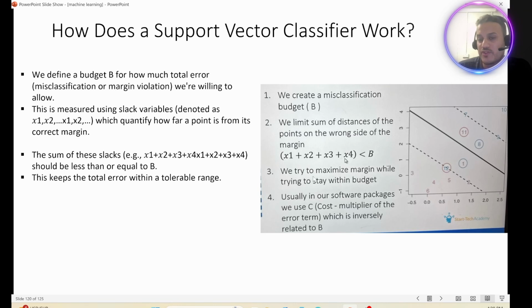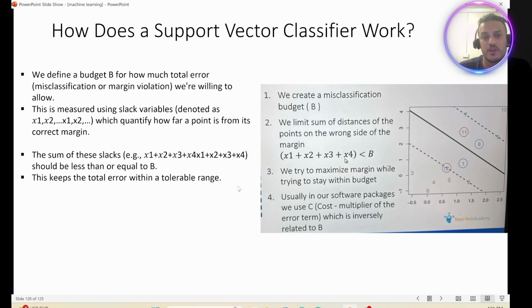So we try to maximize the margins, making them wider, while trying to stay within the budget. We don't want our slack variables to be bigger than the total errors. When we run our model in the R package, we will use C, called the cost multiplier for the error term, which is inversely related to the B value.